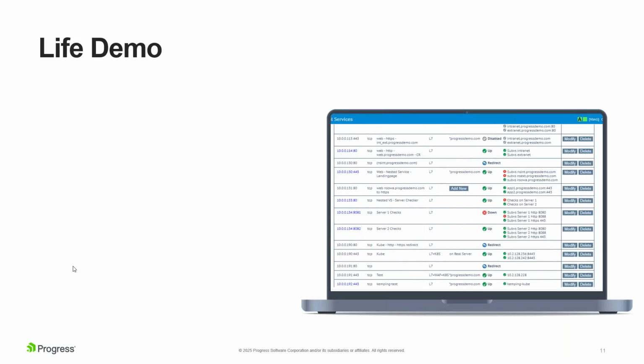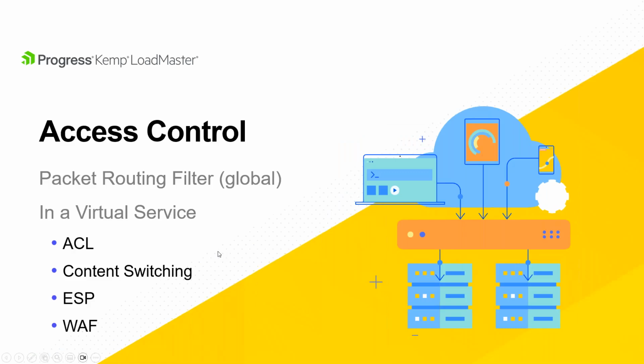And I guess you are more interested in the second topic for today anyway: access control. Now, the load balancer allows you multiple different ways to limit access to itself or to the whole set of virtual services you have.